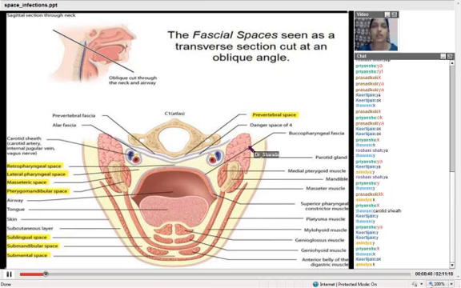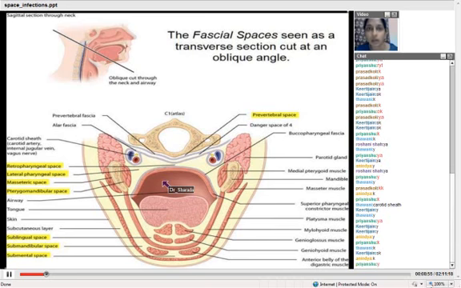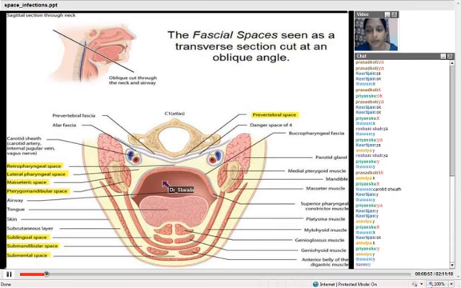Now I'll tell you the significance. But before I tell you, I'll ask you questions. Everyone knows what is mediastinum, right? So what exactly is it? We have heard it: mediastinal space, posterior mediastinum border, anterior border, everything. So what exactly is it?